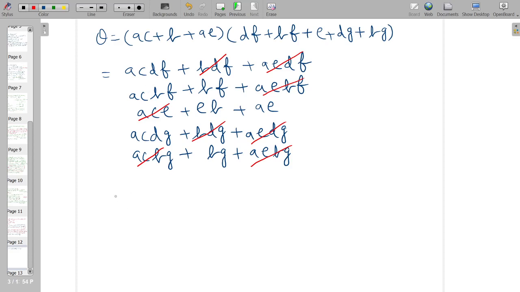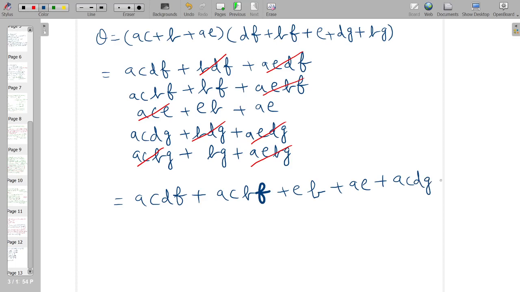So I think I will write down so that I can know whether this is a simplified version. So ACBF plus EB plus AE plus ACDG plus BG.